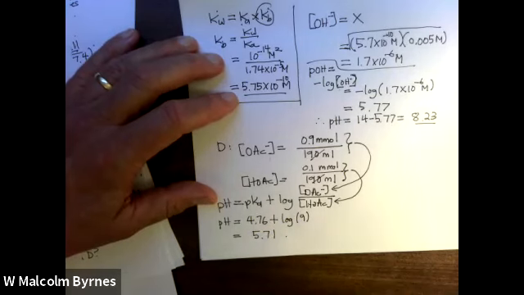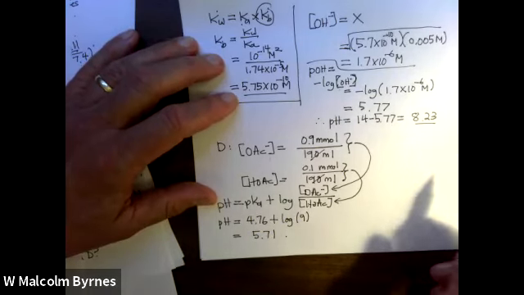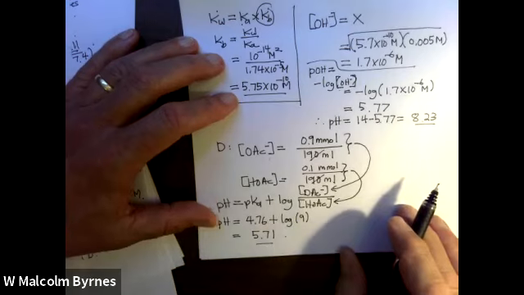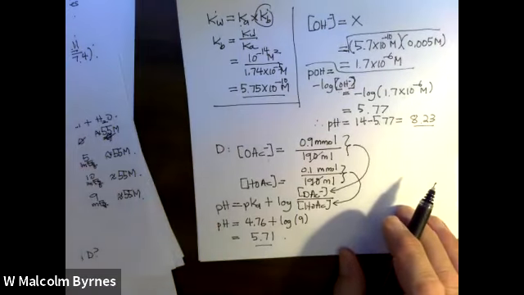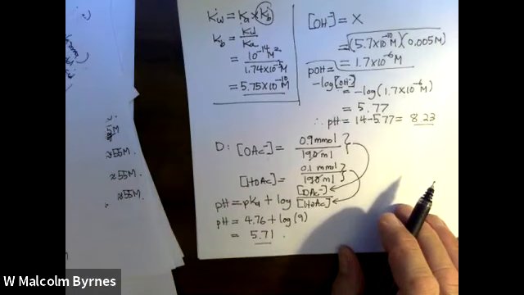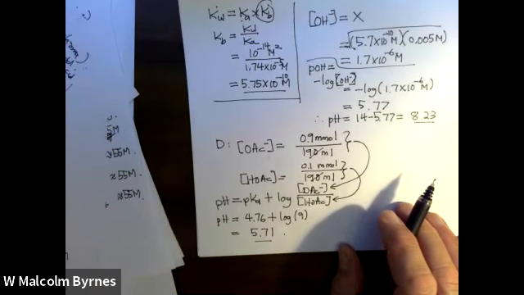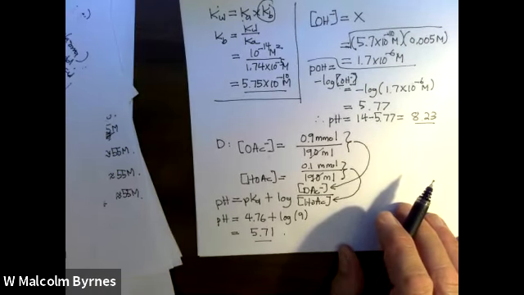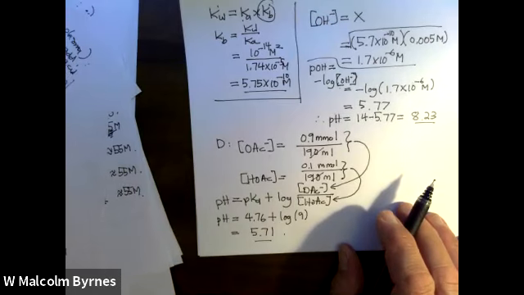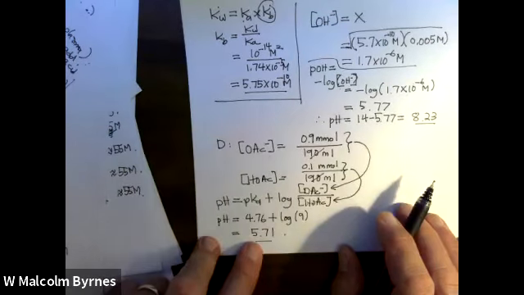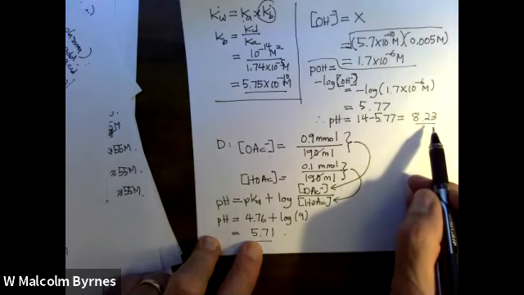which gives a value of 5.71. So if you look at how the pH changes going from point A to B to D to C, it's going from 3.38 to 4.76 to 5.71 to 8.23.